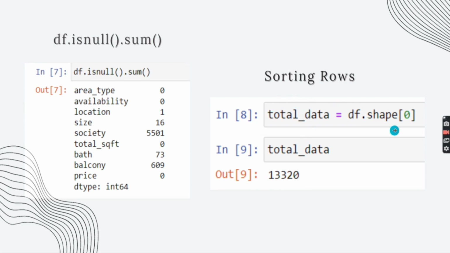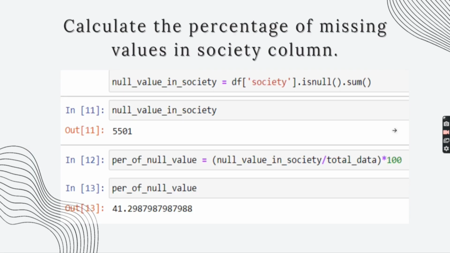So after that, let's do a task on our particular data set. Here I am taking a task to calculate the percentage of missing values in the society column. In the society column, first we check using the isNull.sum function as we saw earlier. We get the null values as 5501.